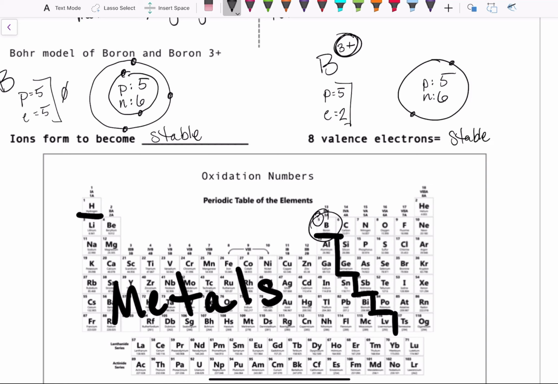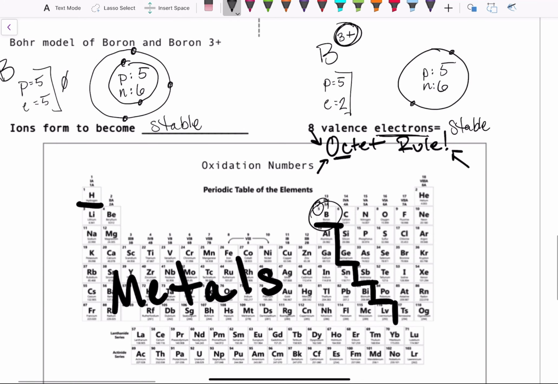This desire to have 8 valence electrons is called the octet rule, and this is super important. That rule is just saying that atoms really want to have 8 valence electrons. Oct meaning 8.